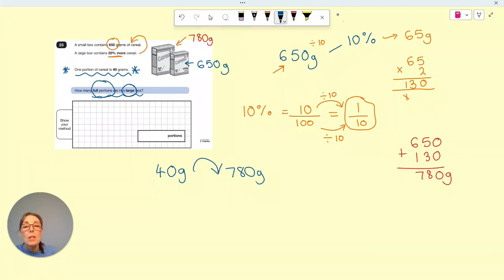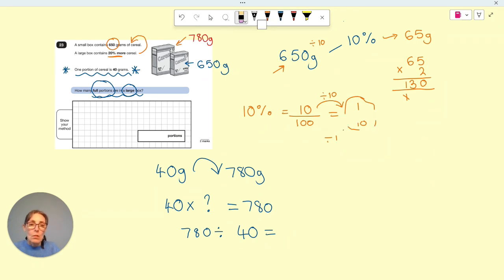And when you're trying to find out how much of a number fits into another one, it's finding repeated parts. So it's a lot to do with multiplication, but also it's to do with division. So what we're doing is we're doing 40 multiplied by something is 780. But then that also means we're doing 780 divided by 40 to find out what that is.